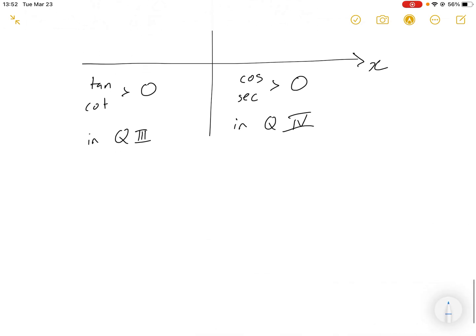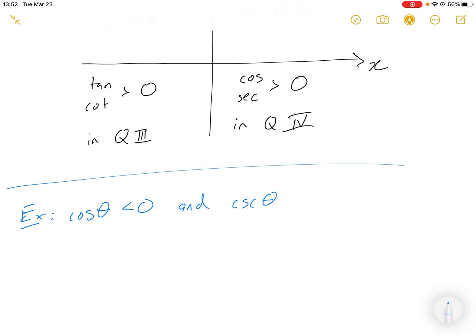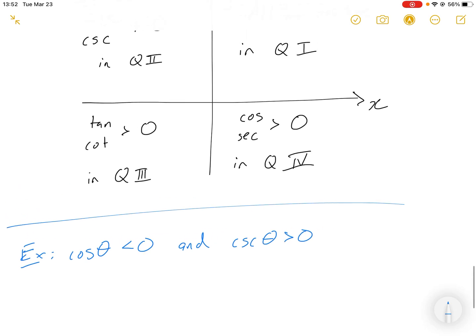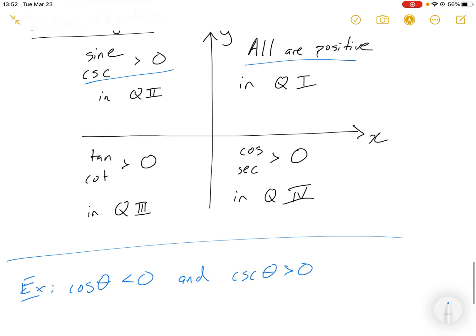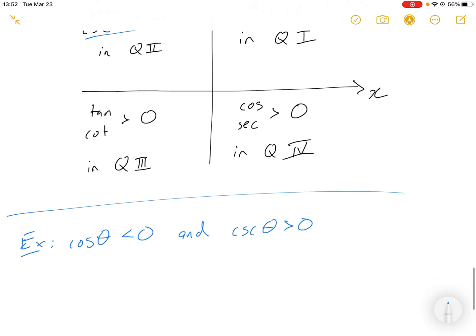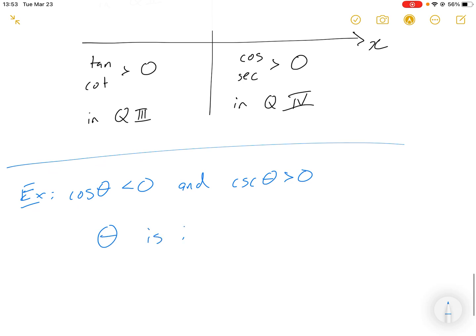If I said something like cosine of theta is less than 0 and cosecant of theta is greater than 0, you would take a look at the chart and you'd say, okay, they're all positive here, and cosecant is positive in quadrant 2. Since cosine of theta is negative, this must mean that theta is in quadrant 2. So x is negative and y is positive.